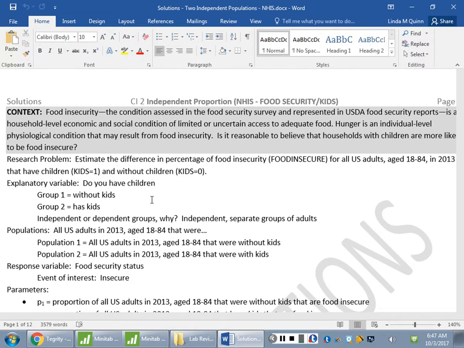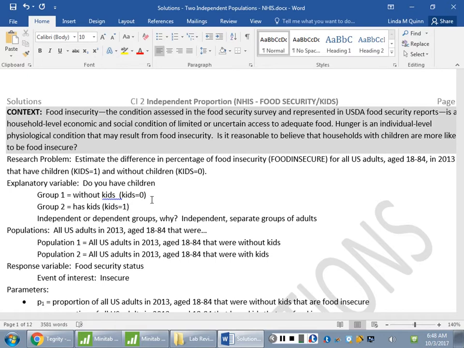So group 1 is always the smallest alphanumerically, and group 2 is the largest. So I can think ahead and do it that way, which is why I selected group 1 is without kids and group 2 has kids. If you just want to keep that in mind, I'm just going to put in here some notes that kids equal 0 and kids equal 1.